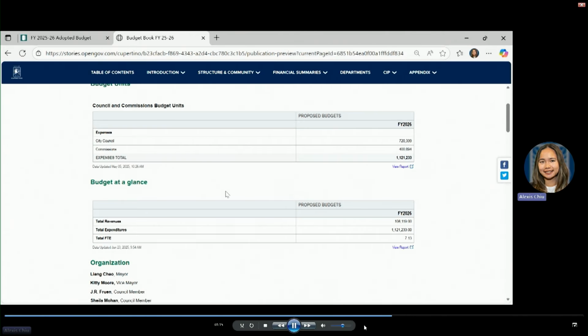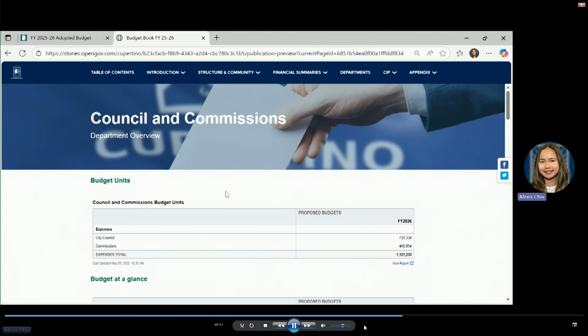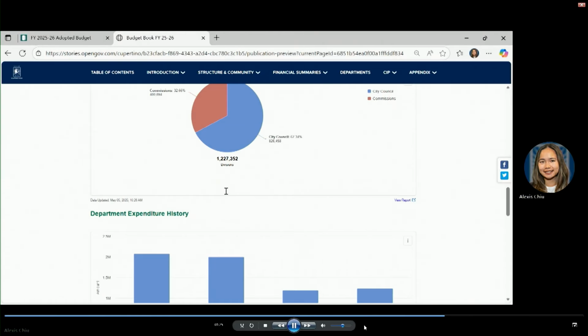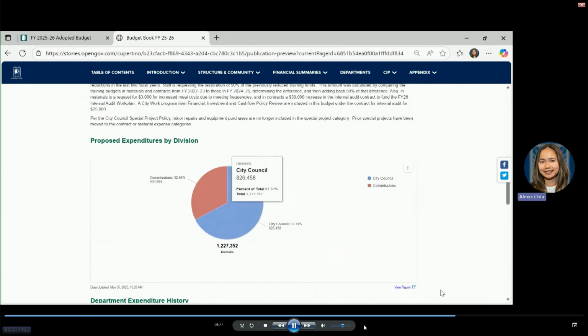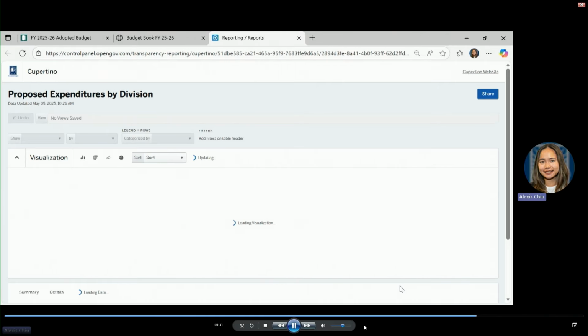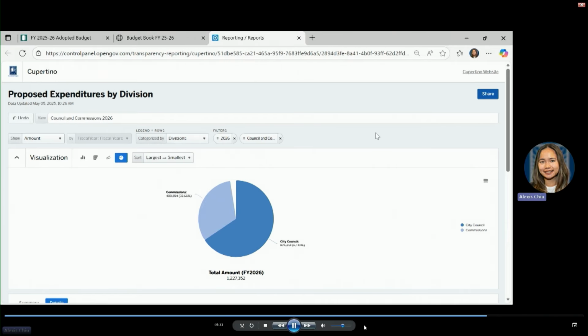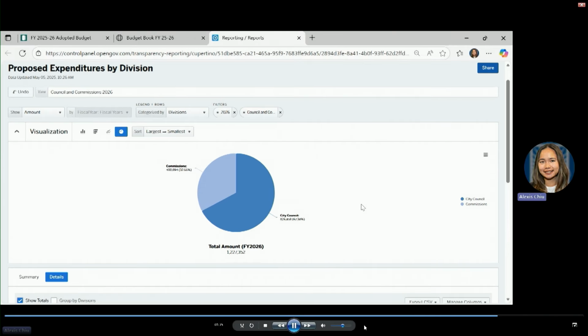And it would bring us to this page, which is the exact same as the one in the PDF budget. But a cool thing about this OpenGov publication is that we can click here under View Report, and this expands into our transparency portal where you can play around with the different filters and see different levels of data and detail.